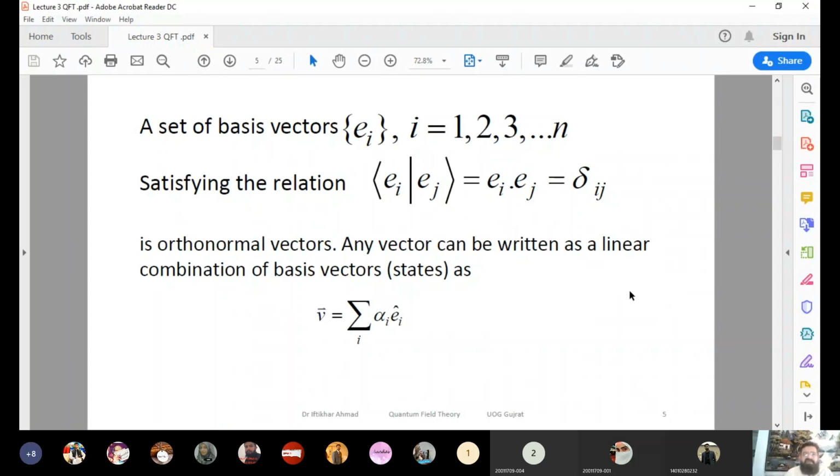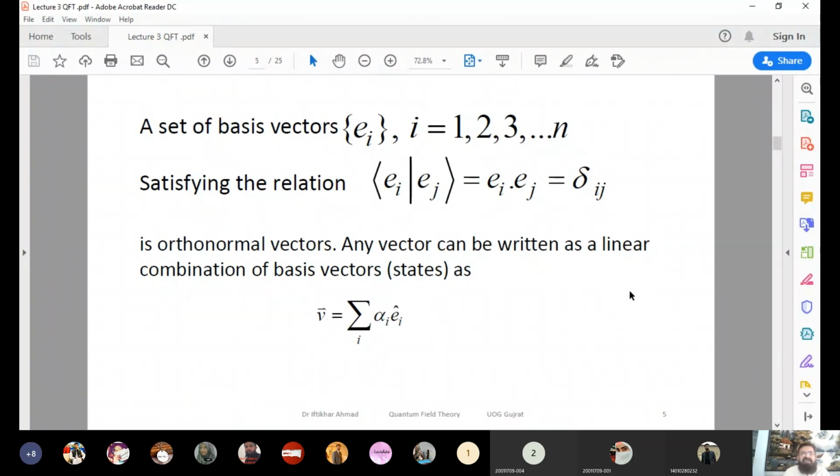Before, I gave you a simple example of how you can take the inner product of two vectors. In this slide, I am going to tell you how you can write a basis vector when you have an n-dimensional vector space. We have a vector space with standard basis e_i, with i equal to 1, 2, 3 up to n.